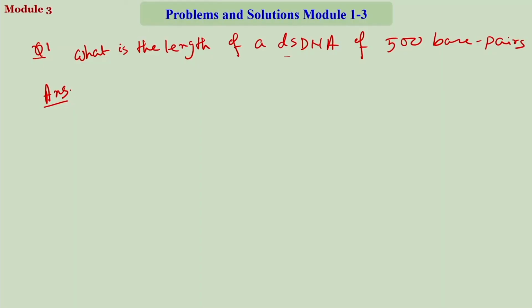The distance between 2 nucleobases in a given DNA, if I write it straight, if this is base 1 and this is base 2, then this distance, as we know, is around 3.4 angstrom.